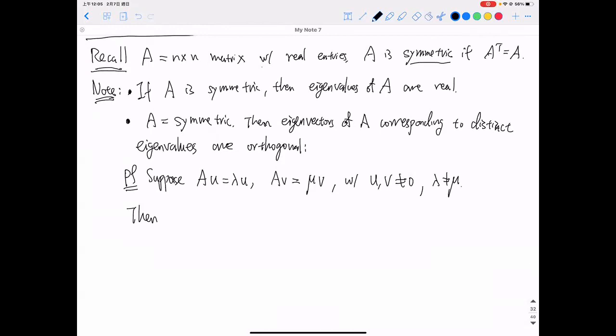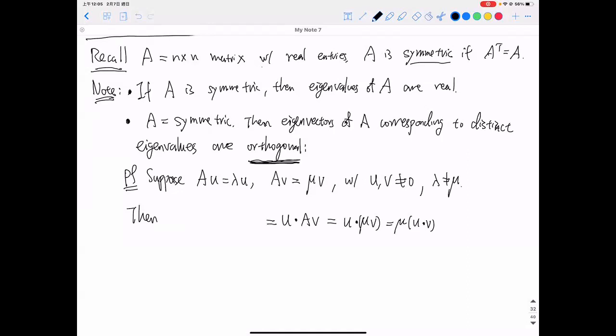We are interested in showing that they are orthogonal to each other, so we want to consider the dot product. What we're gonna compute is this quantity, U dot AV. Now this, on the one hand, is, well, AV is mu V, so this is U dot mu V. So that's mu times U dot V.